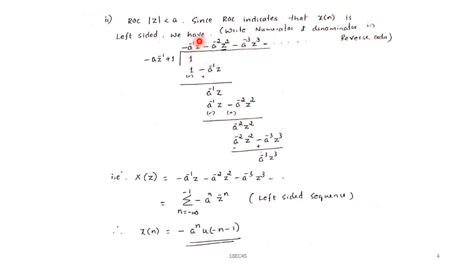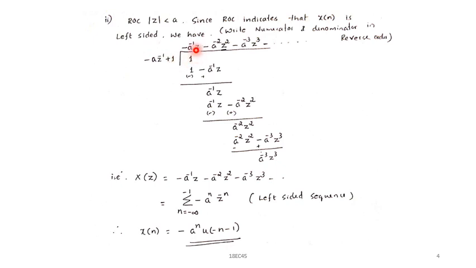So I'll write 1, because in the numerator only 1 is there, and for the divisor, I'll write minus a z inverse plus 1. I'm not changing the sign, a very important thing. I'm just writing in the reverse order. Earlier it was 1 minus a z inverse, now just write it as minus a z inverse plus 1.